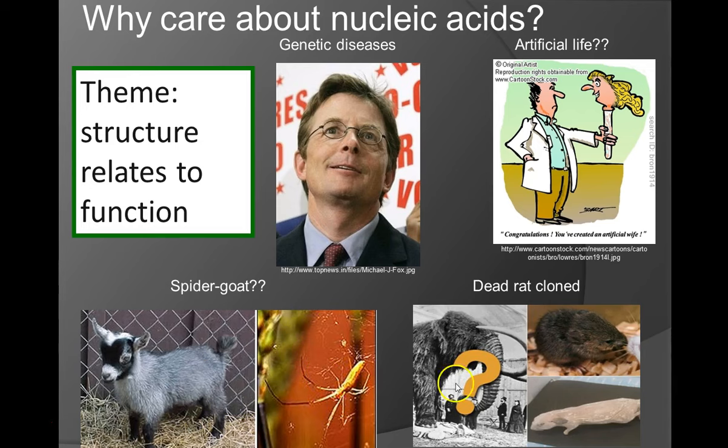Okay. Another case, this over here says dead rat cloned. This was a rat that had been sitting in the freezer for 20 years, but its DNA, its instructions were intact. They took those instructions, they put it inside of a live egg, and this is what they got, because that DNA had the instructions for making proteins that did all the functions of life. And here you got a live rat from one that had been dead. They just took the instructions from the dead one that had been dead for 20 years.